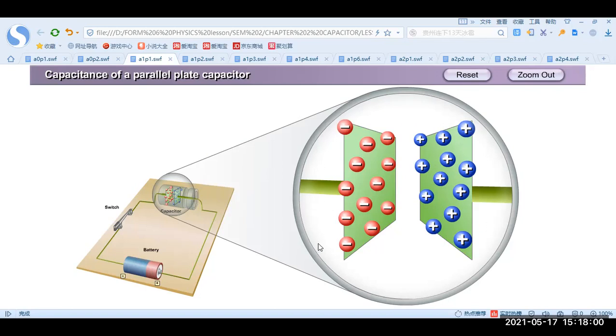That means the capacitor itself becomes a source. In other words, it becomes a temporary battery of 5 volts, but only temporary, not as strong as the battery.